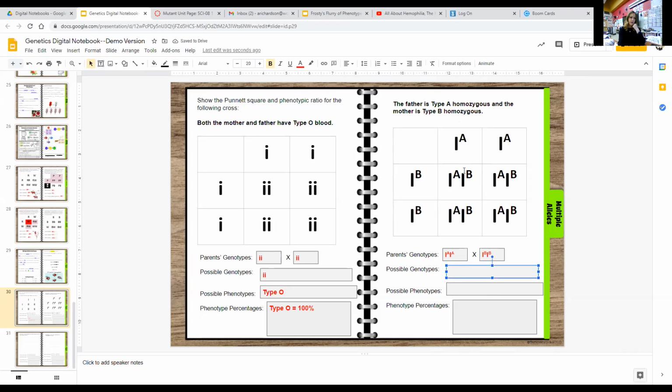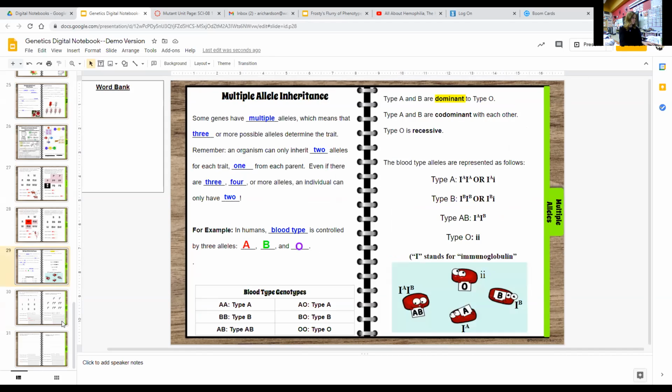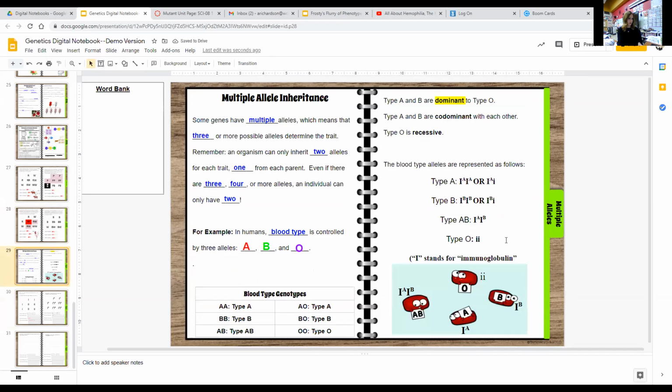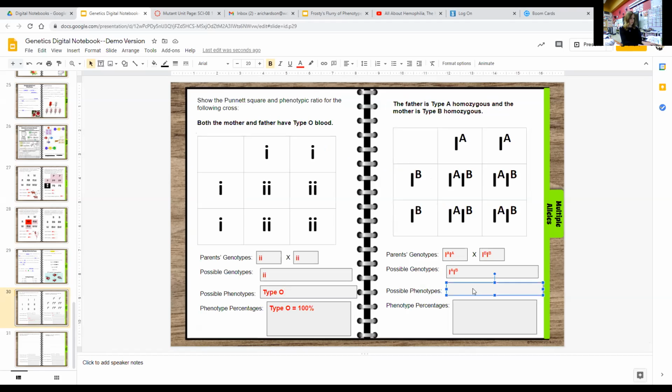So what do we have in our boxes right here that their offspring would have? Well, there's only one. It's IAIB. Which means that the phenotype, if we look back at our chart right here, IAIB means it's type AB blood. So that'd be the phenotype. So this is type AB.